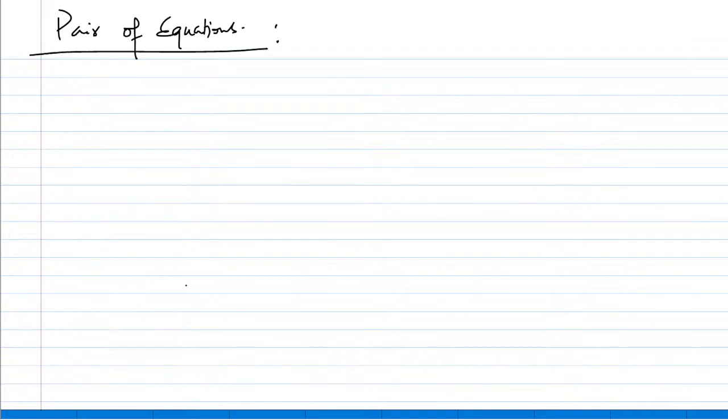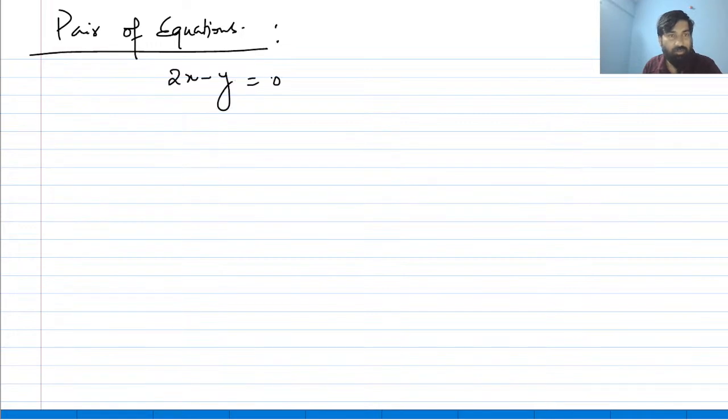Consider a pair of linear equations in two variables, like 2x minus y equal to 0 and minus x plus 2y equal to 3. These are the two equations and two unknowns.